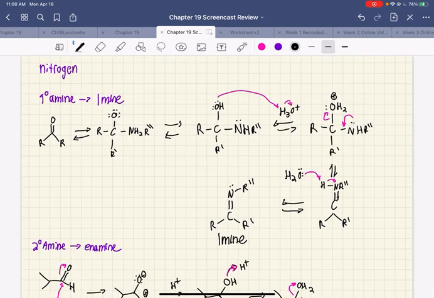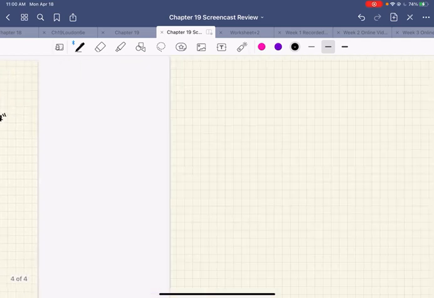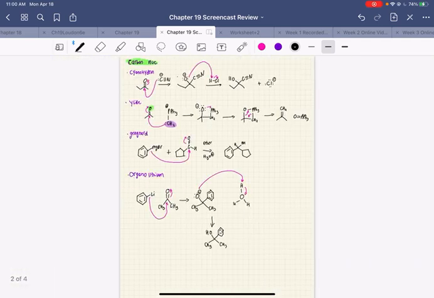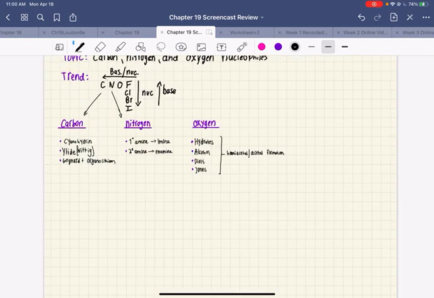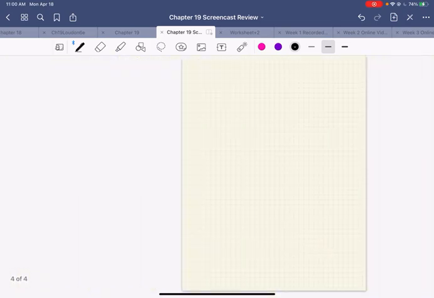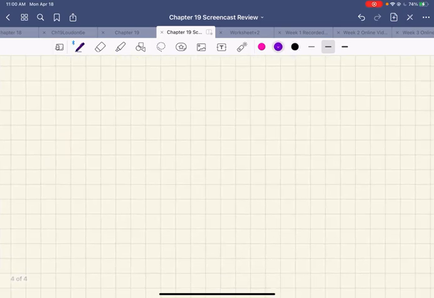And that is the nitrogen reactants, or the nitrogen nucleophiles. Next we'll move to oxygen. And our first reaction will be hydrates.